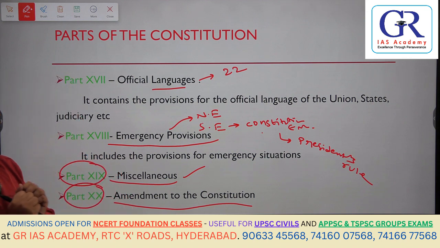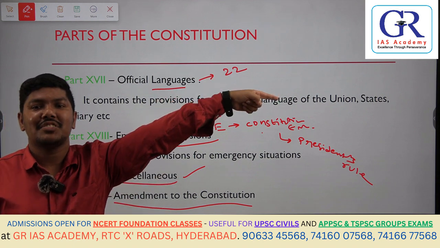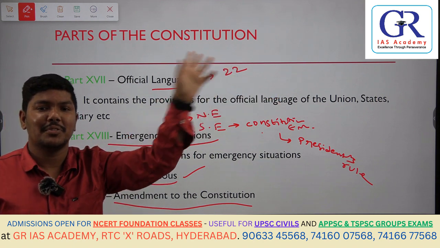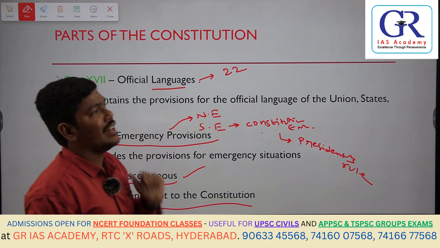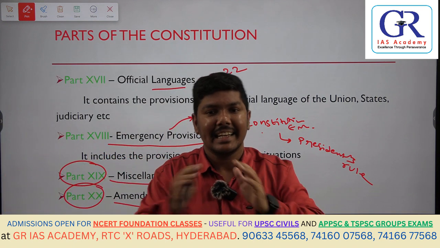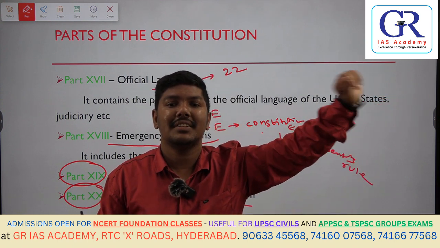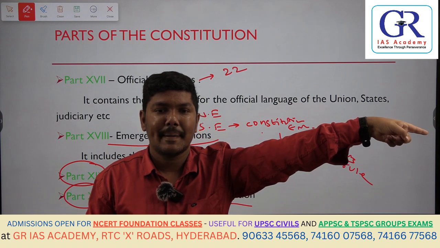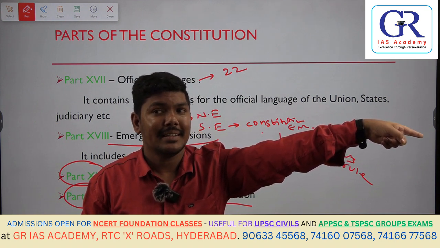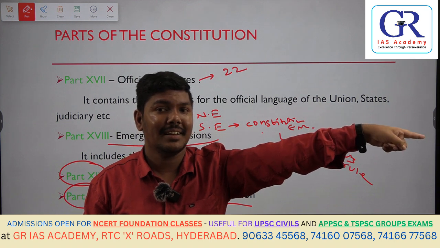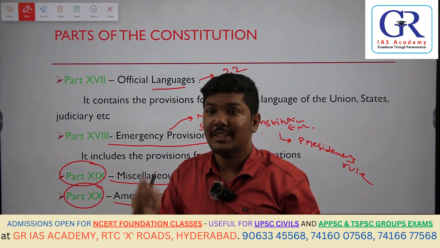Okay, so with this, now you are very clear? Right from the Constitution being supreme and law book to 22 parts of the Constitution. Tomorrow what we will be doing is, we will discuss the schedules of the Constitution. How many schedules originally are there? Originally means by 1950.